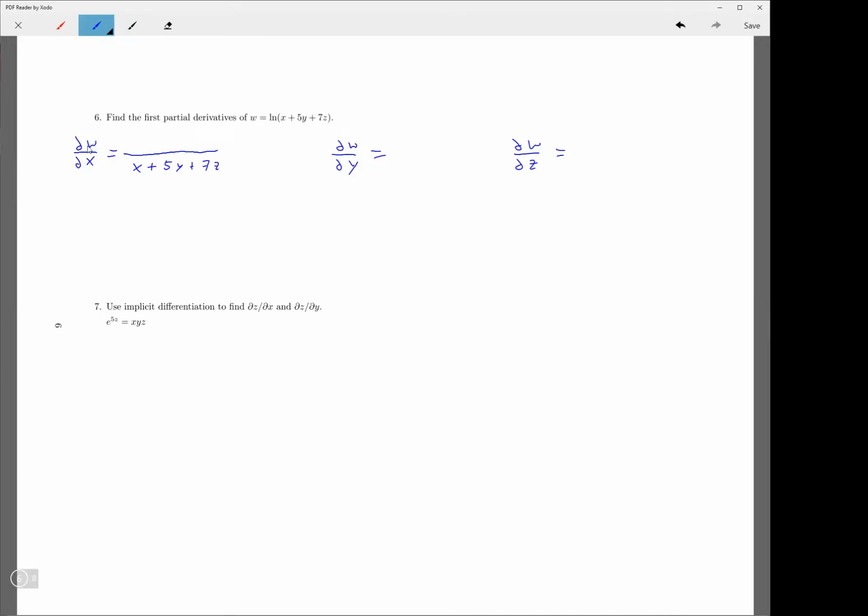And the partial of all of this with respect to x is just going to be 1, because the derivative of x with respect to x is 1, and then these are just zeros. Okay, and then this one, the partial with respect to y is going to be 5. And then this is going to be 7 over here. Like that. Okay, so let's see if WebAssign agrees.